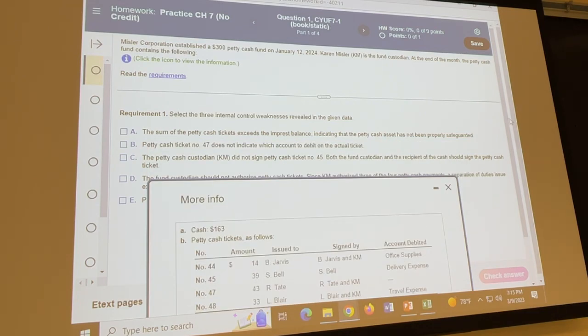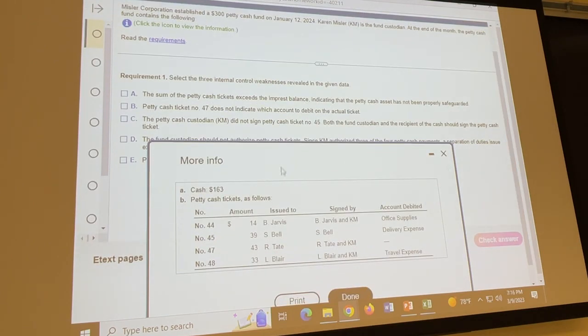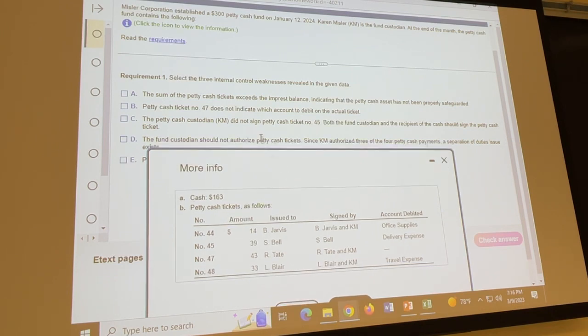Based on this data, we're supposed to select the 3 internal control weaknesses revealed in the given data. And there are 5 different possibilities here that they give us to choose from.